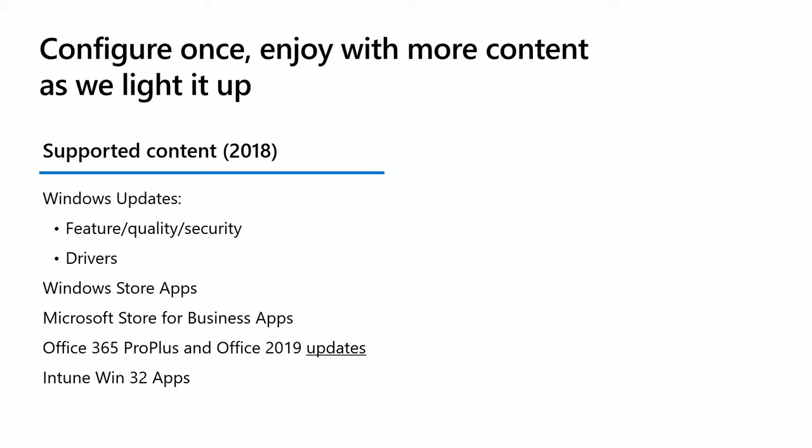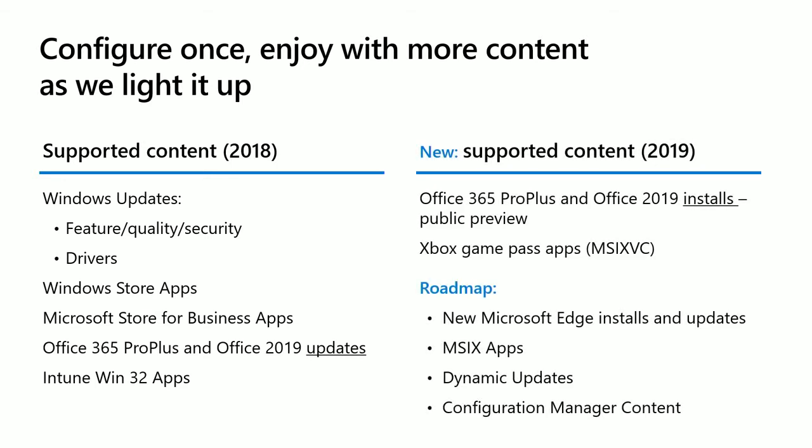Last year, we were able to share that we support Office ProPlus and Office 2019 updates. And later on, we added support for Intune Win32 apps. Since then, we've worked with the Office team to add support also for installs of Office. So this is now available in a private preview for you to go check out.